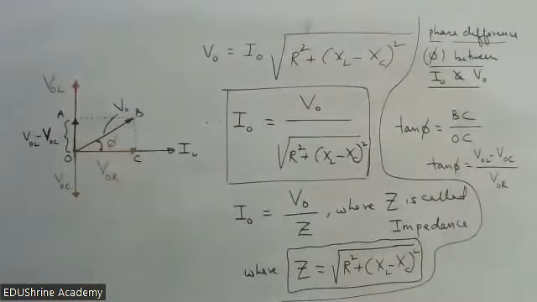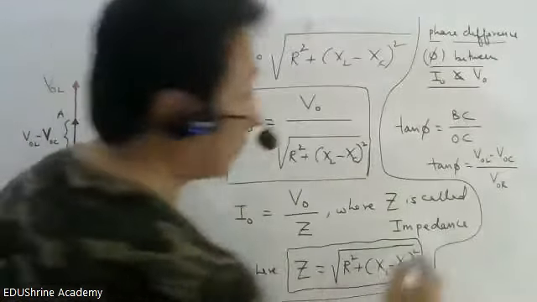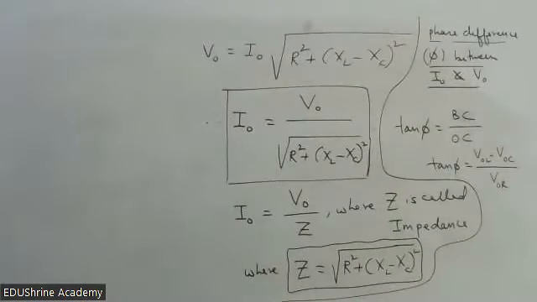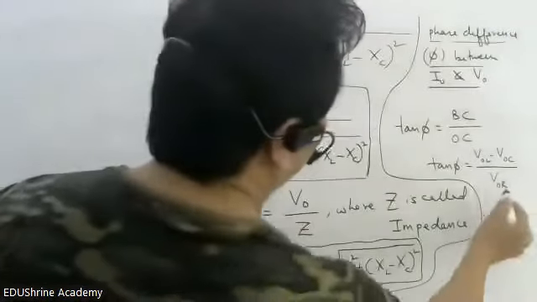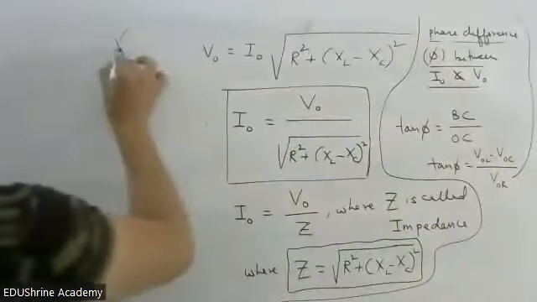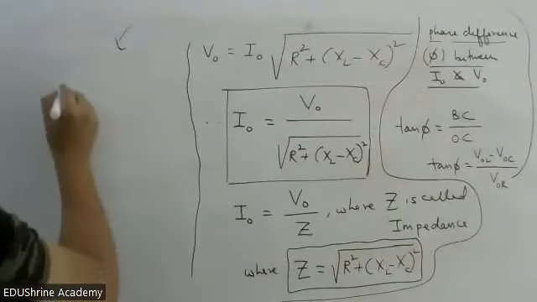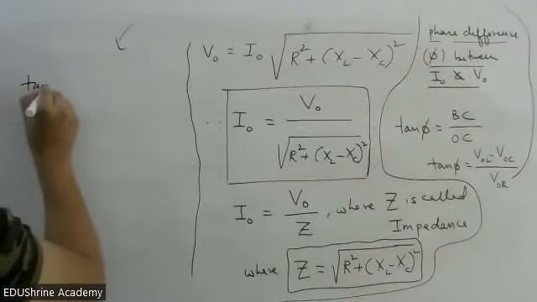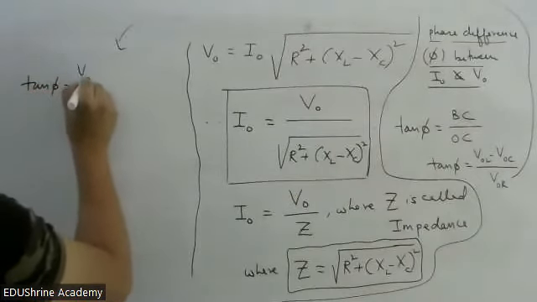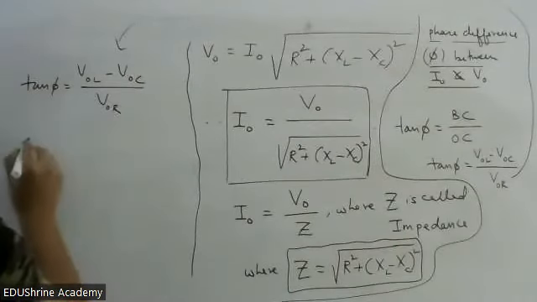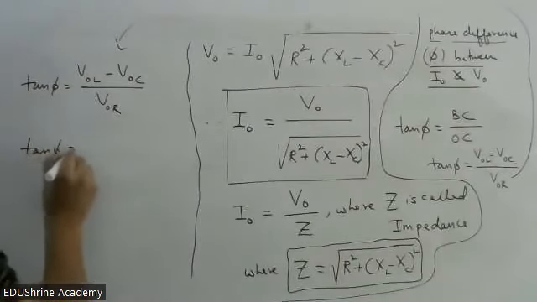Then if you substitute, but first you write this much, I don't have space. So what will be your tan phi? V naught L minus V naught C by V naught R. Now what was V naught R?